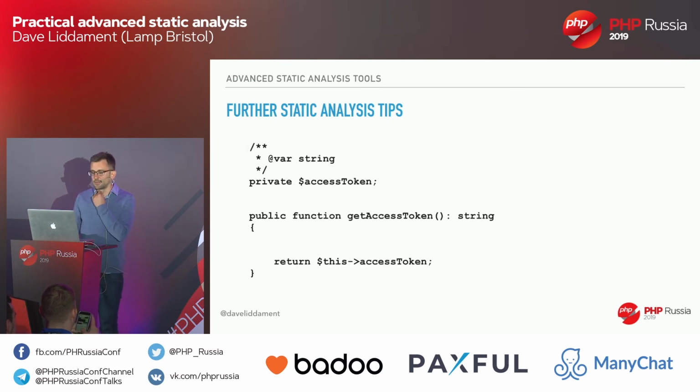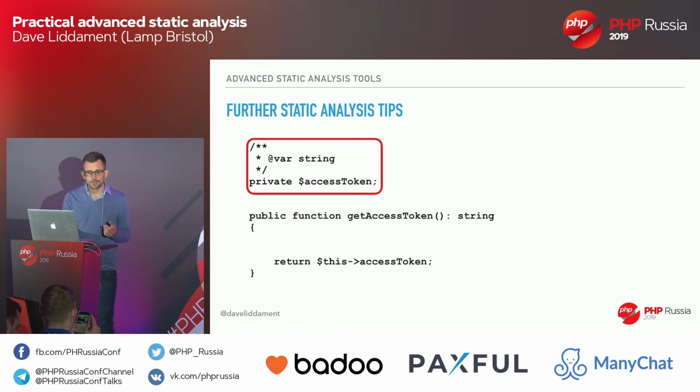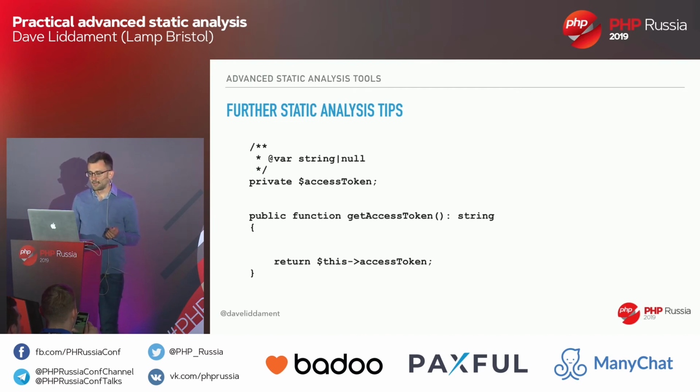And imagine we have our access token as private member data, and we say it's of type string. The first thing that will happen is Psalm will complain about that, because unless we set the access token either in the constructor or where we define it, it could also be a null value.